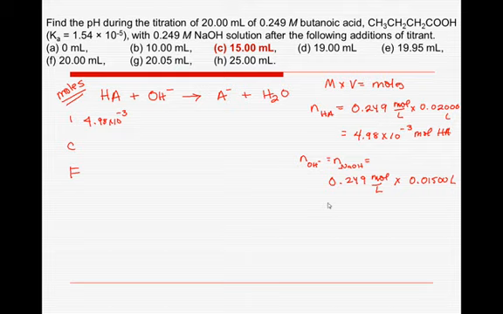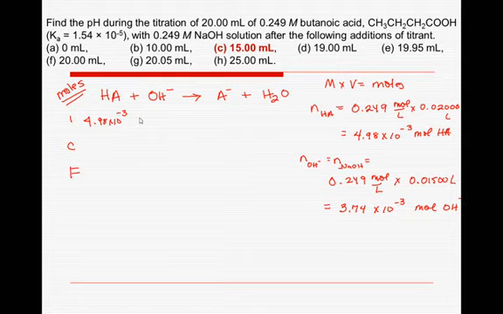This will give me a value for the number of moles of hydroxide of 3.74 times 10 to the minus 3. And I can put that value into my table. 3.74 times 10 to the minus 3.